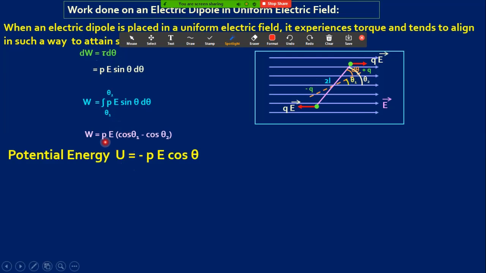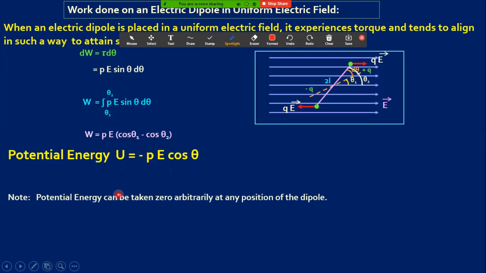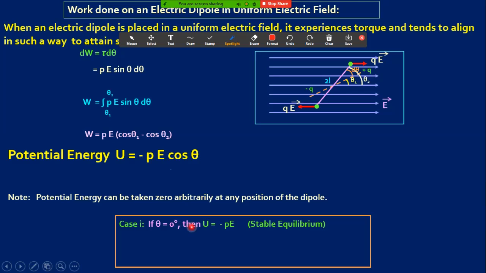Now we are getting PE times cos theta 1 minus cos theta 2, and our potential energy due to this work done is U is equal to minus PE cos theta.